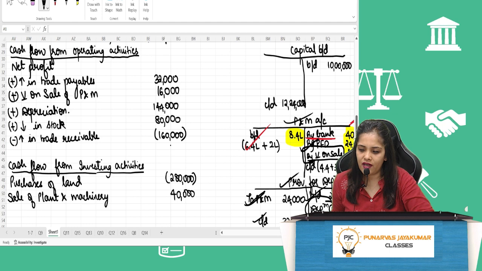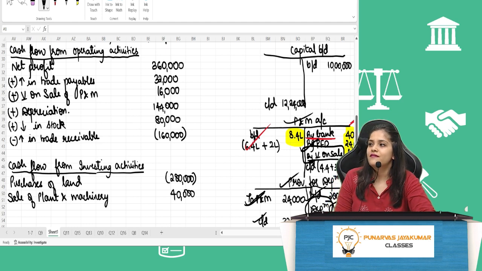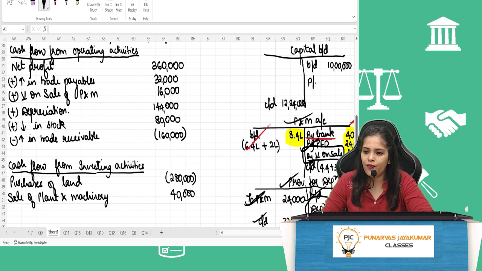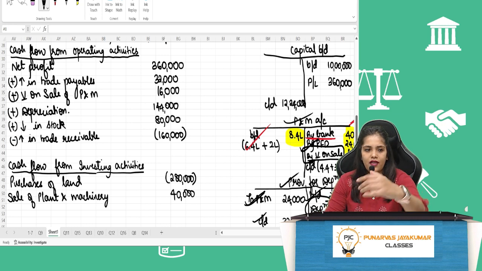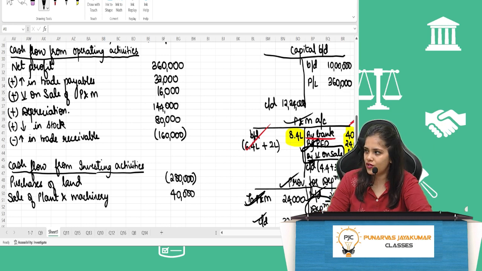Provision balance is given. Last one. Net profit for the year is 3,60,000. So that is our starting point. In capital also, very good. We will write profit for the year 3,60,000.